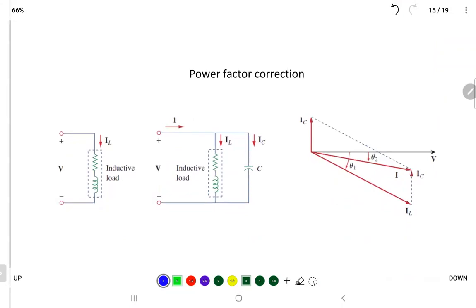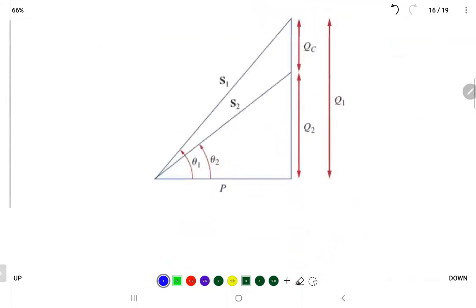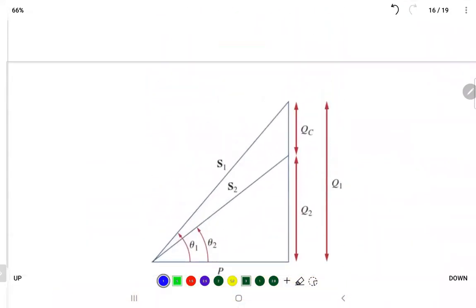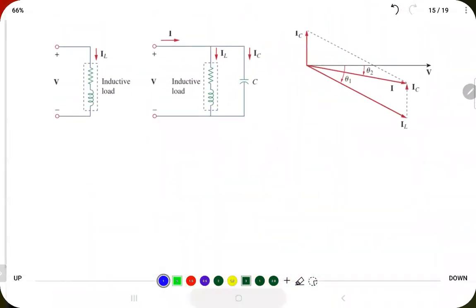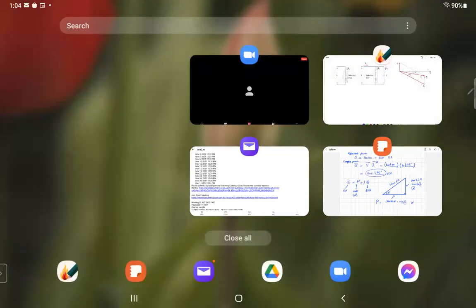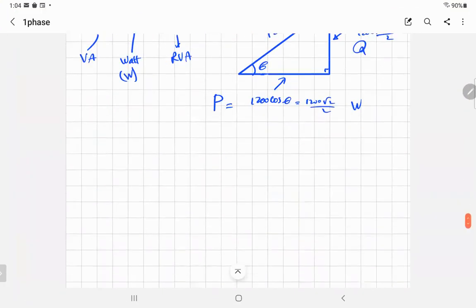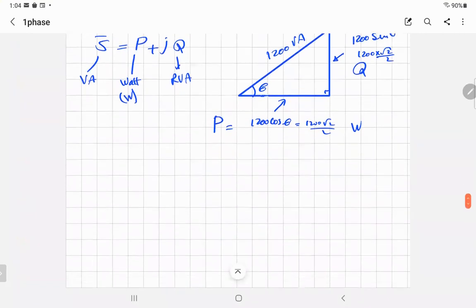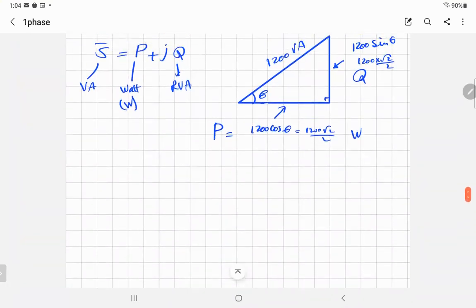How can you calculate the power factor? And what's a good power factor? What's a bad power factor? And how can you correct the power factor? If you go to this triangle, we sketch the same triangle here to find out.